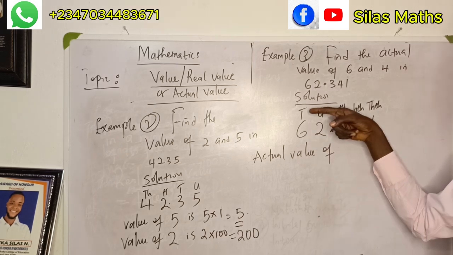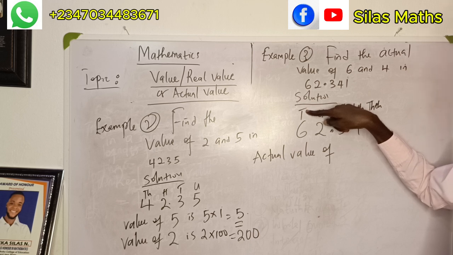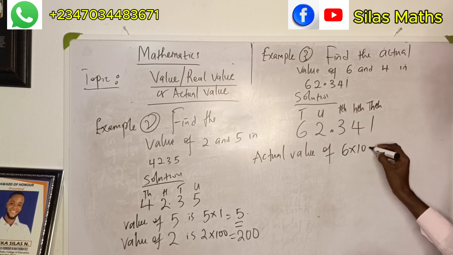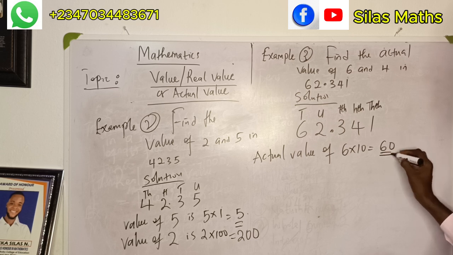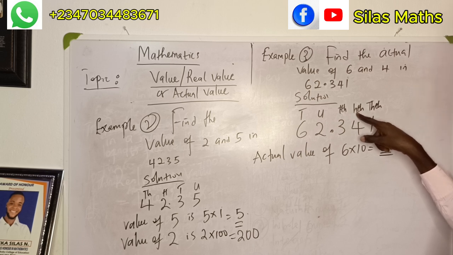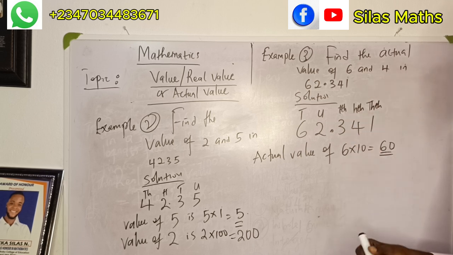So we say for 6, the face value is 6. Why the place value is what? Tens. So we are talking about 6 times 10. That will give me 60. Okay. While for 4, it is hundredths. And remember, hundredths is something as 1 over 100. Right?